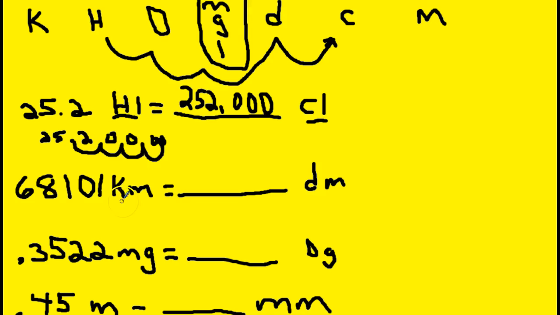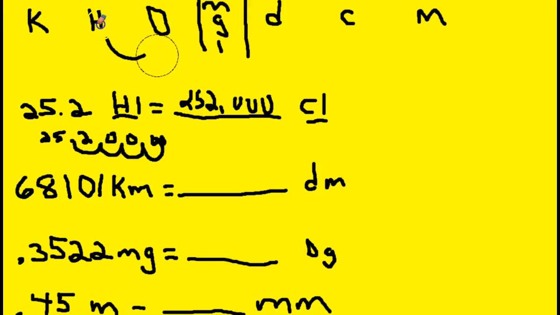Same thing goes for the next problem. We've got 68,101 kilometers. I'm going to erase this real fast so we don't get confused. Now we've got kilometers, and we need to go to small d. So 1, 2, don't forget to count the units, 3, 4.